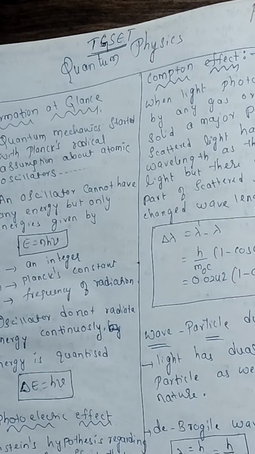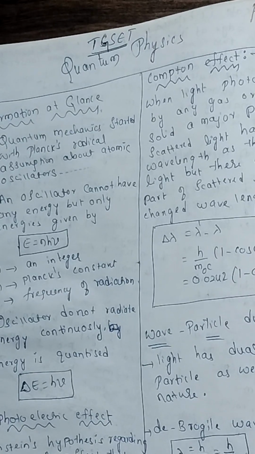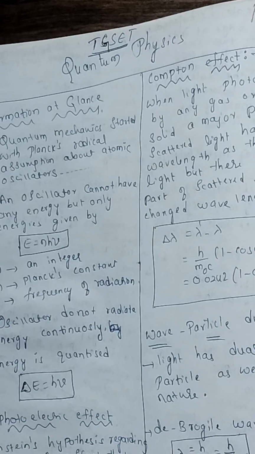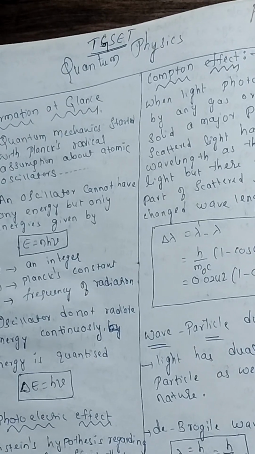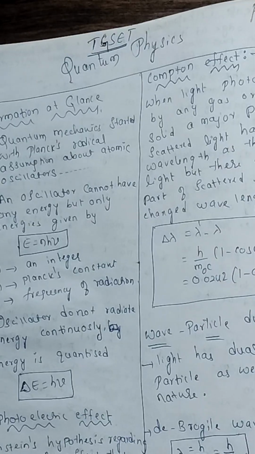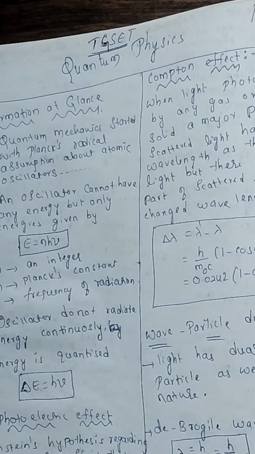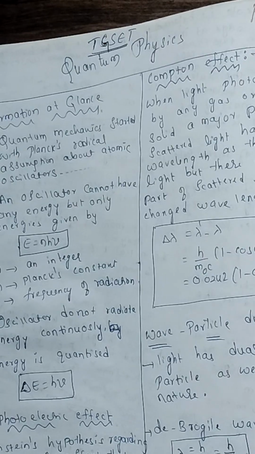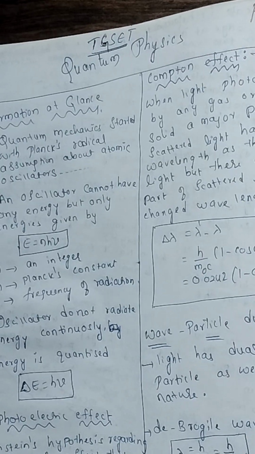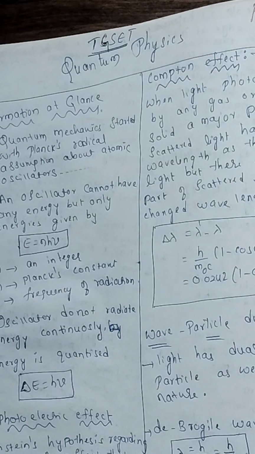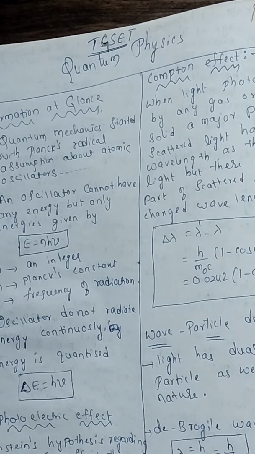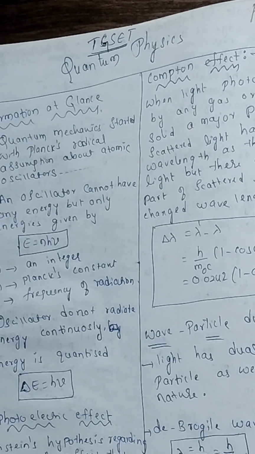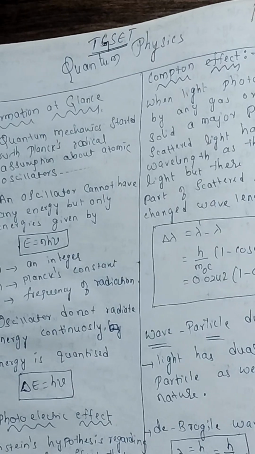But if we come to atomic, subatomic levels, the laws of classical physics do not help us. In order to know about the atomic, subatomic particles, molecules, electromagnetic spectrum, etc., we use quantum mechanics, right?